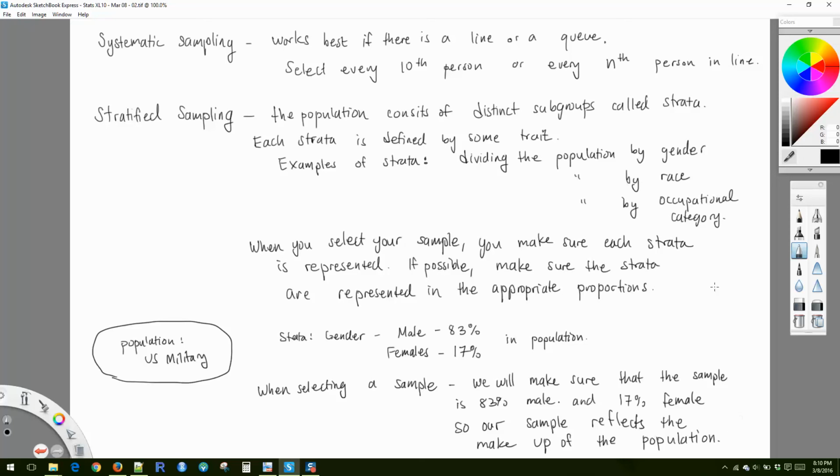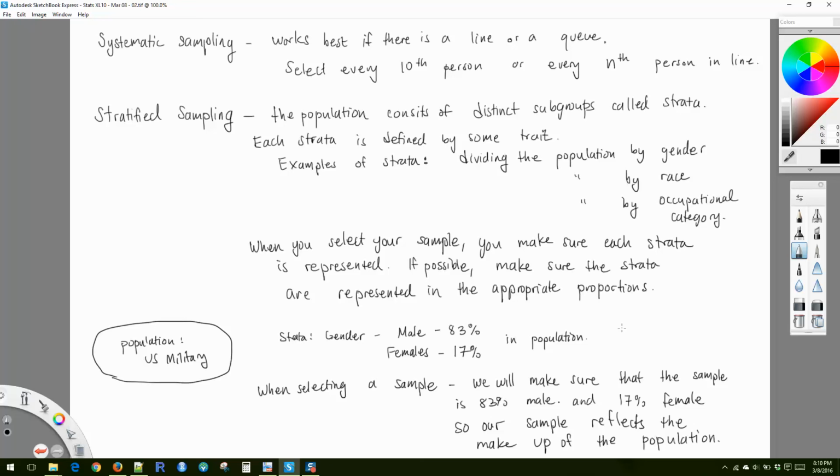Okay. Now this may or may not be the best method. If you're trying to get statistical samples, stratified sampling is a good way. But if you're forming a committee, you might want a different selection criteria.